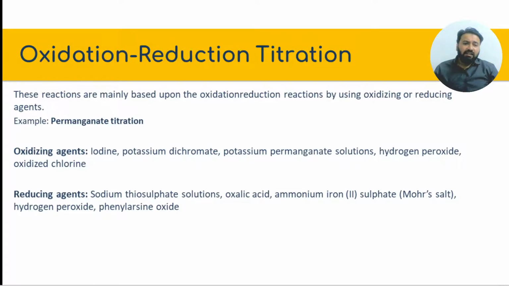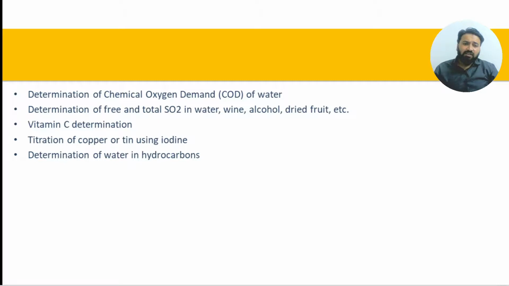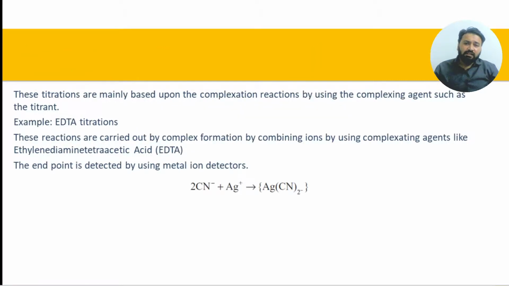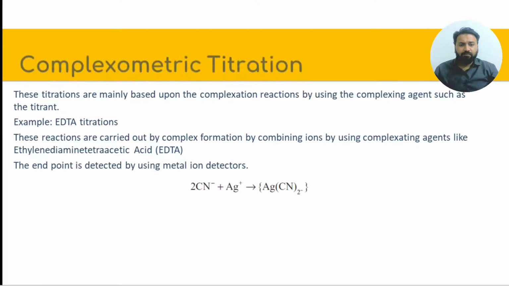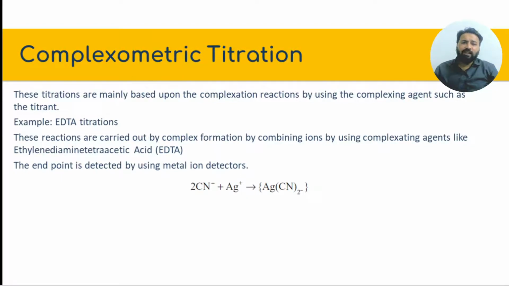Now the next titration is the complexometric titration. What is this complexometric titration? These titrations are mainly based upon the complex reaction by using a complexing agent as the titrant. The complexing agent and the titrant react and make a complex compound. An example is EDTA titration, ethylene diamine tetraacetic acid.